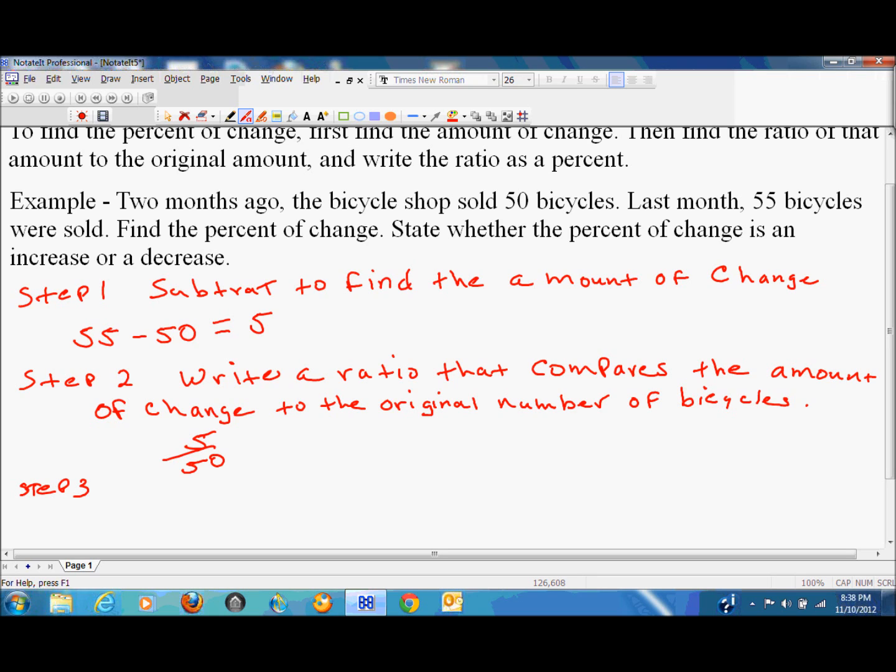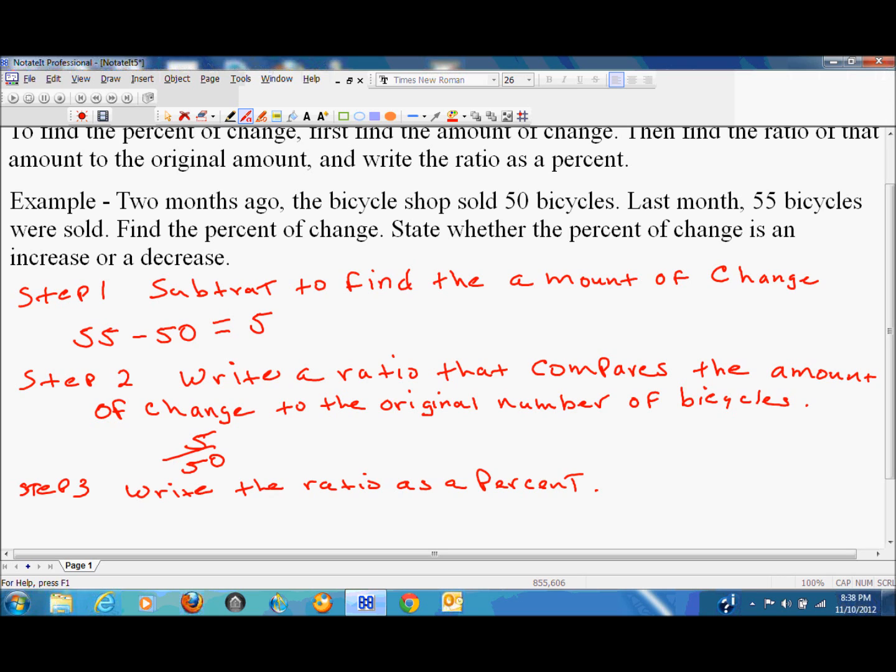Now, step 3 tells us we want to write the ratio as a percent. Okay, and here's how we will do it.